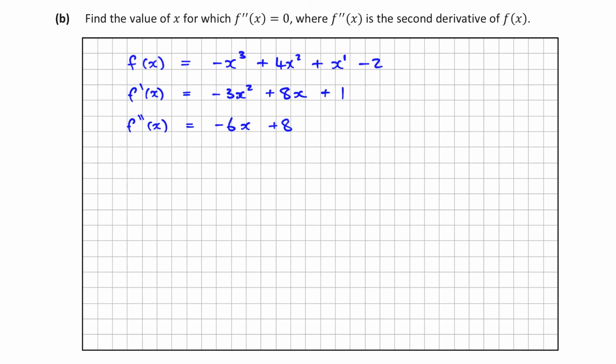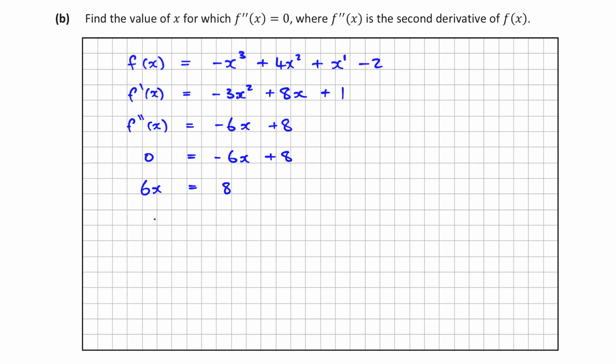Okay? So the question said to find f double dash of x and to leave it equal to 0. And then find the value for x. So that's what I'll do. I'll leave this equal to 0. Negative 6x plus 8. If I want to find the value for x, I need to get all the x's by themselves. So I'm going to bring that negative 6x over to the right-hand side, and I'll have 6x is equal to 8.